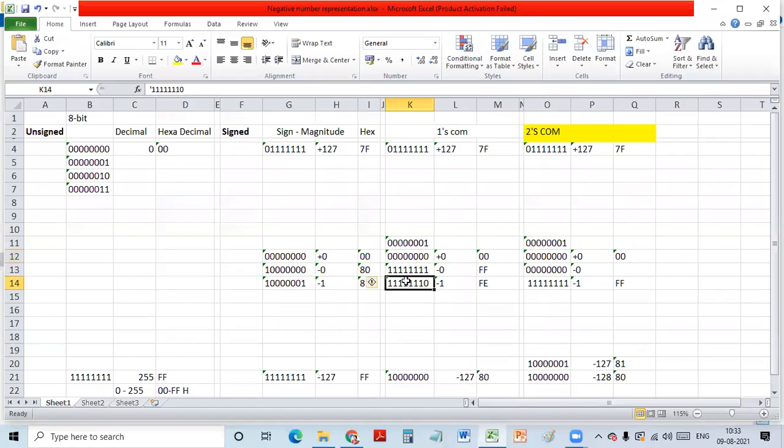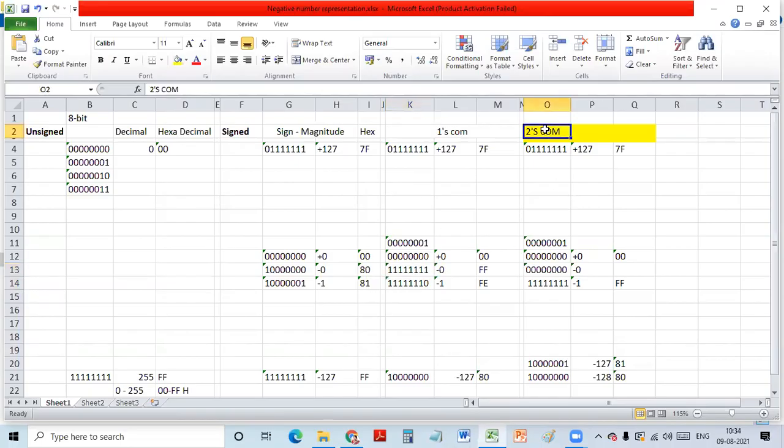But even here, though we did not separate the sign bit, for plus 0 and minus 0 we have two different notations. So this is also not suitable for implementing in computer hardware, because for any representation there should be a one-to-one mapping. For any particular number, only one representation should exist, distinct and unique for that number. Since that rule is not followed even in 1's complement, it is also not considered.